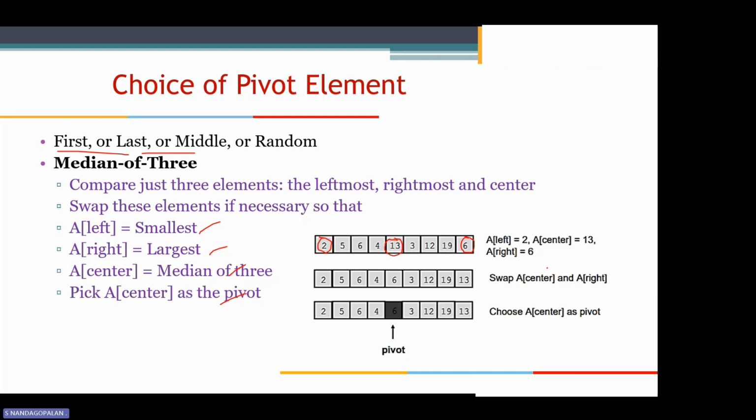So swap A of center and A of right. So you have 2, 6, 13. The median is 6. So you are taking the center as the pivot, that is 6 as the pivot. One more last step: bring 6 here and 2 here.